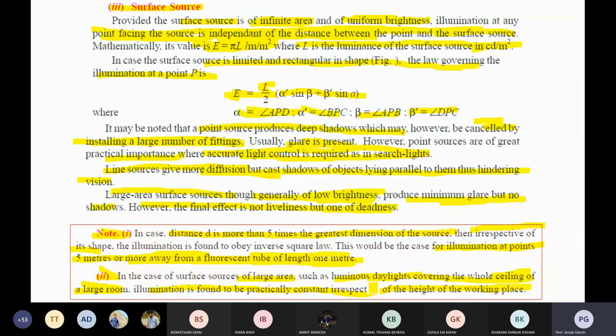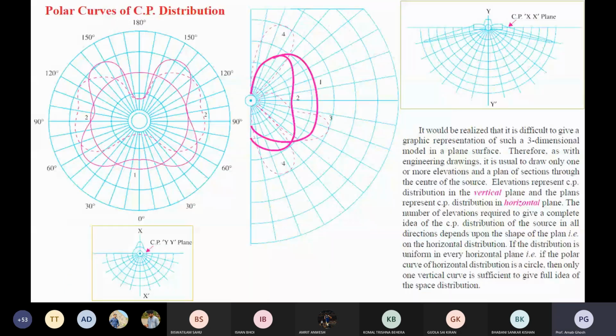That is an important issue. Different angles are there. From day one, from the beginning, I am telling you, it totally depends upon the solid angle and the direction of the light, in which direction you are getting the light.